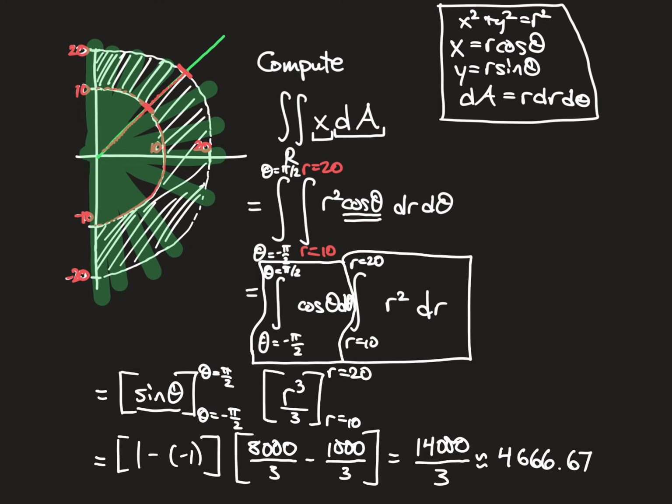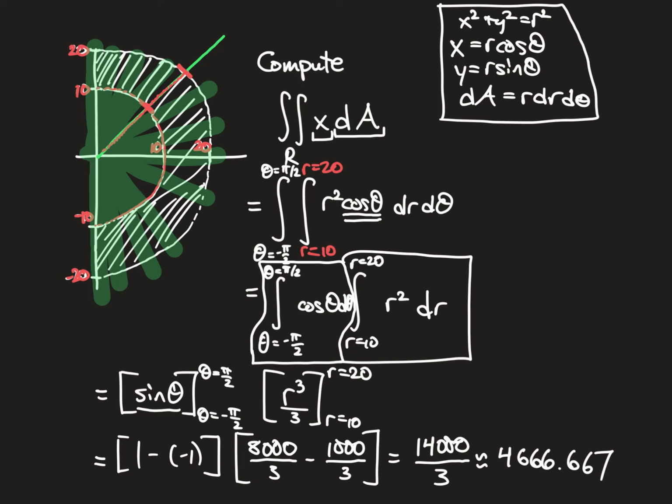Oh, it said round your answer to 3 decimal places in the original statement of this problem on WebAssign, so maybe I should try to be consistent with that. 0.667.